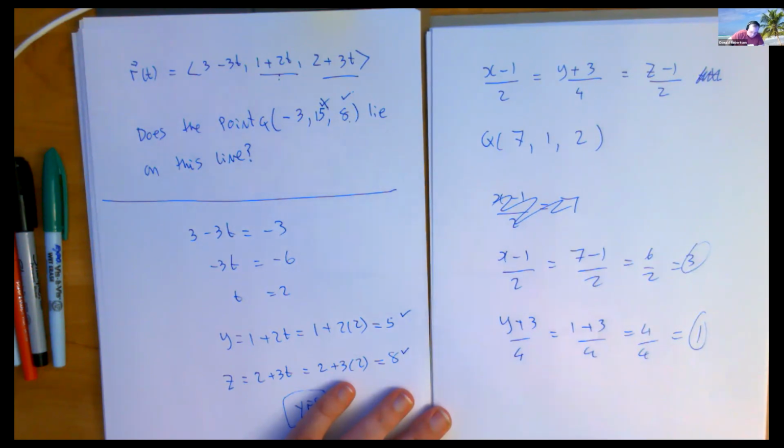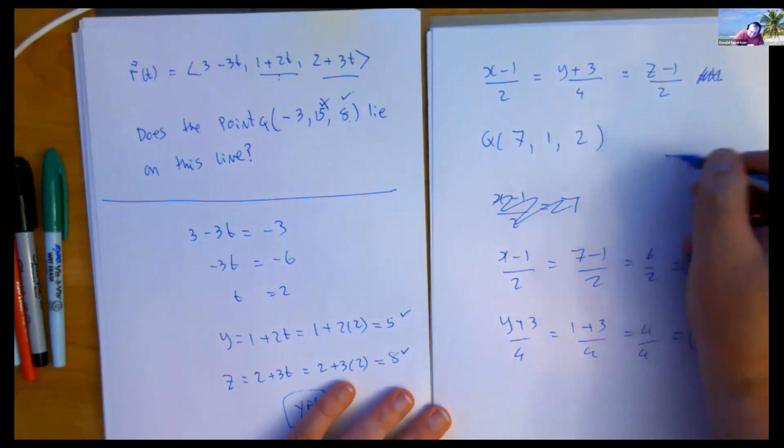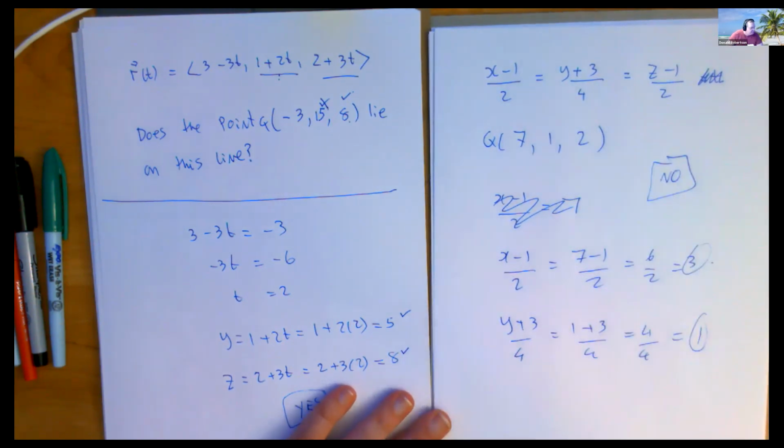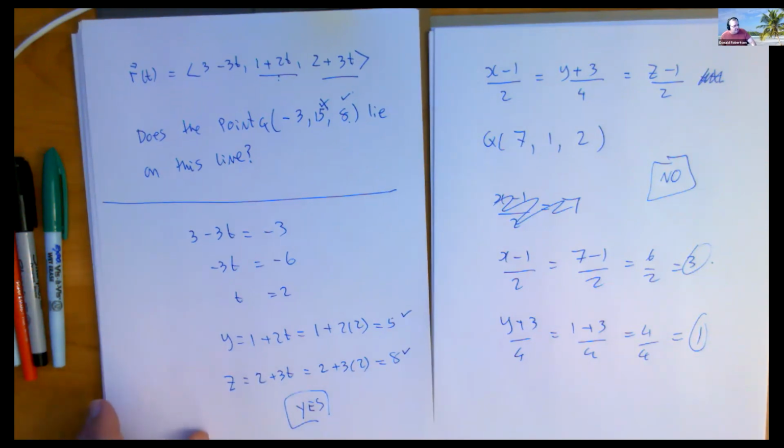If they're not all the same, if they're not in this case all 3, then your answer will be no. Does that seem like a reasonable approach? Converting it into parametric and doing the same approach is totally valid, but this is just a slightly different approach to the same situation.